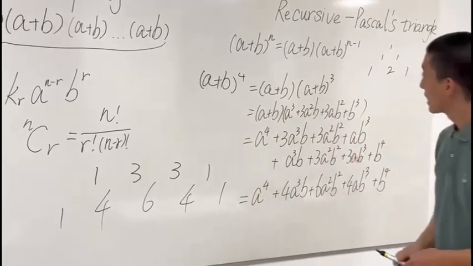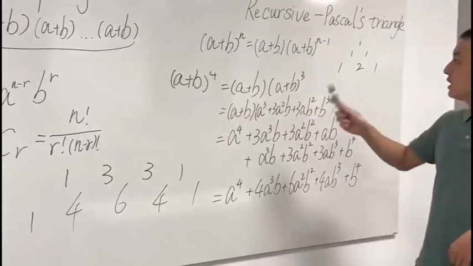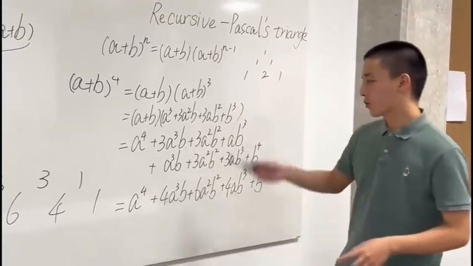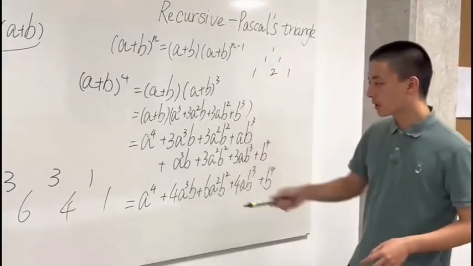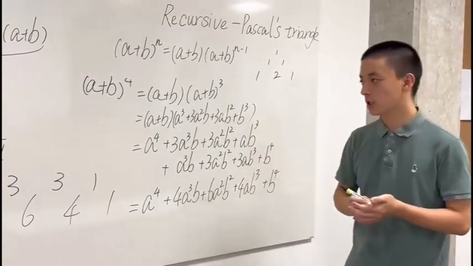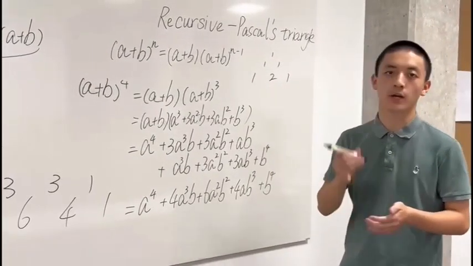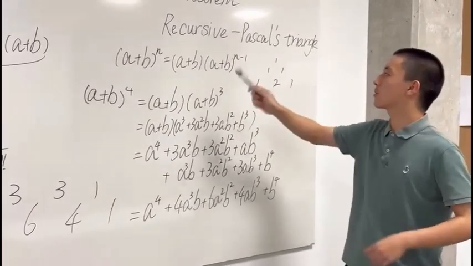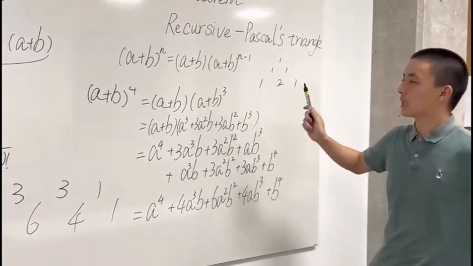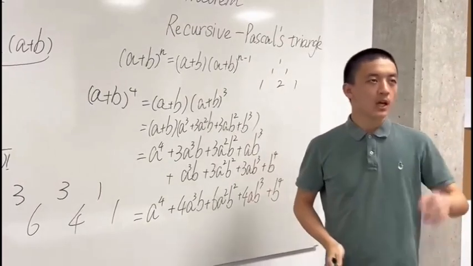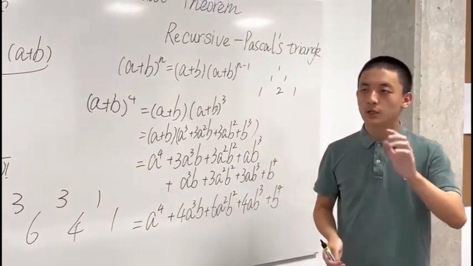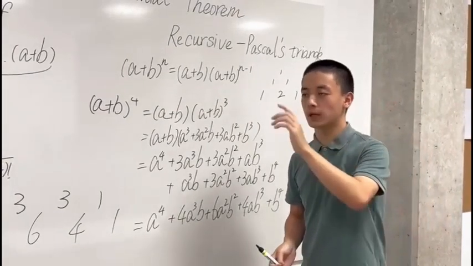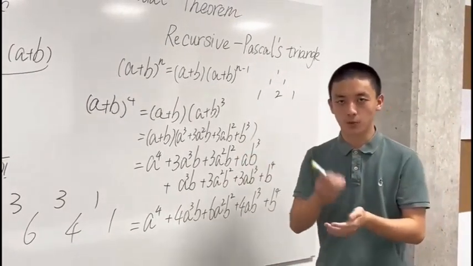So if we know the expansion of a plus b to the power of n, then according to this property, we can get the coefficient of a plus b to the power of n plus 1. So that's why it's called a recursive way, because it's like if you know n factorial, then you only need to times n plus 1 to n factorial, then you can calculate n plus 1 factorial.